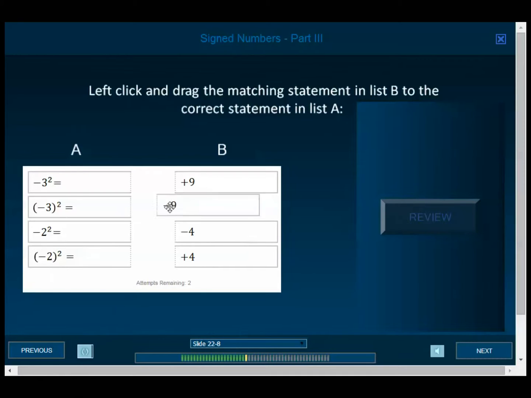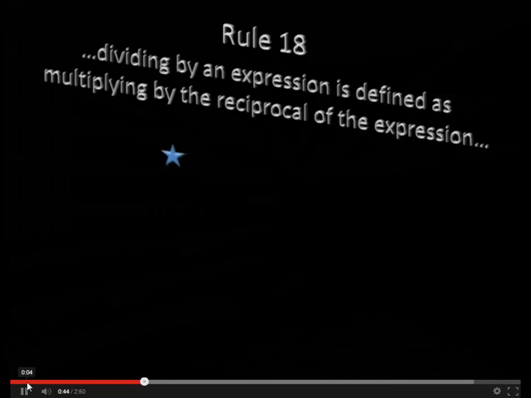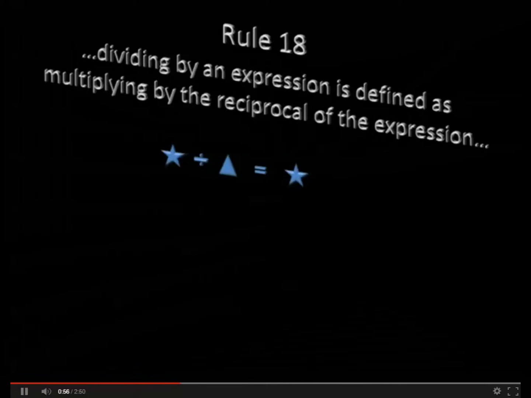Left-click and drag the matching statement in List B over to the correct statement in List A. If we have a first expression divided by a second expression, Rule 18 says that this can be calculated as the first expression multiplied times the reciprocal, or 1 over, the second expression.